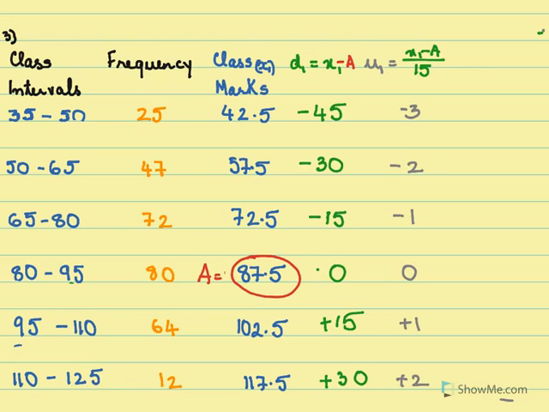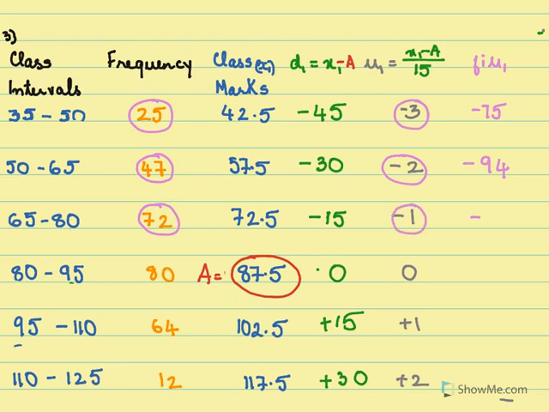Our next column is fi ui. So in the first case, fi is 25 into ui minus 3, which gives us minus 75. Fi 47 into ui minus 2 equals minus 94. Fi 72 into ui minus 1 is minus 72.